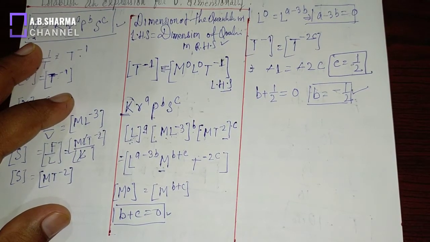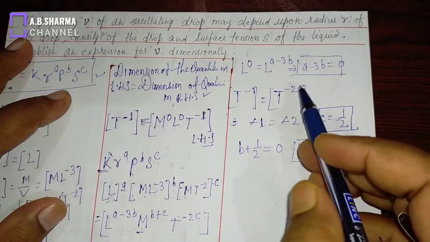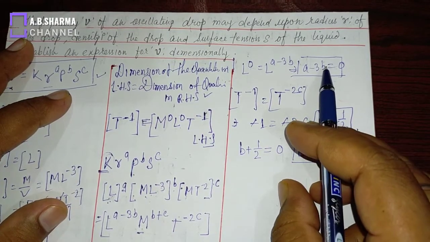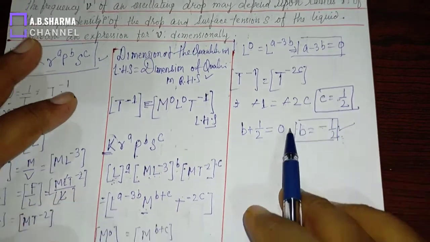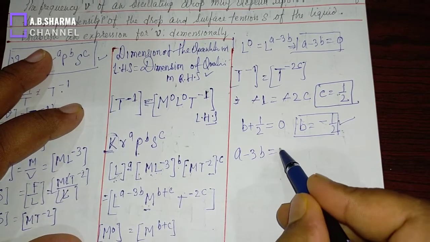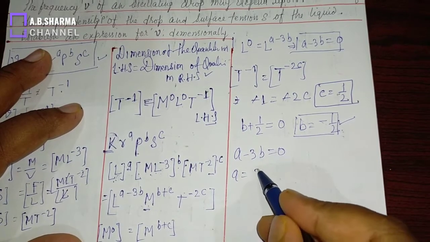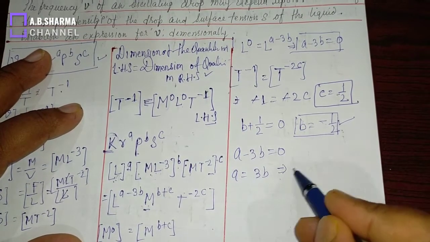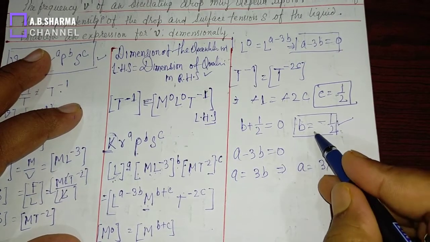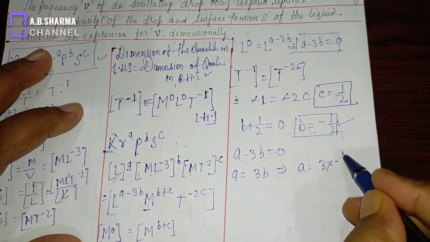Now the value of a. From the relation a minus 3b equals 0, a equals 3b, or a equals 3 into b, where b is minus 1/2.